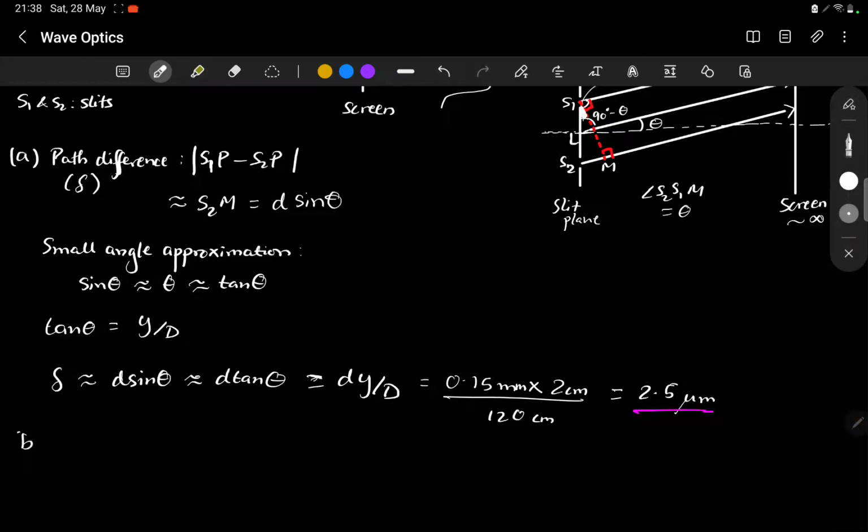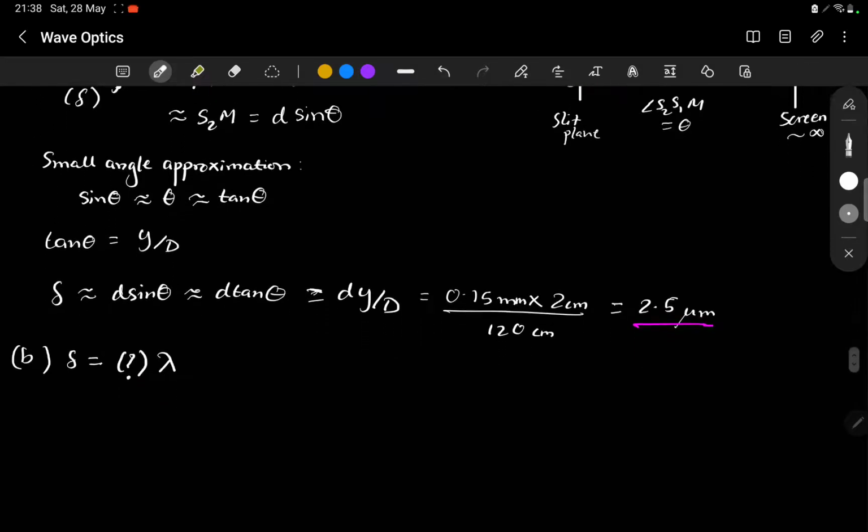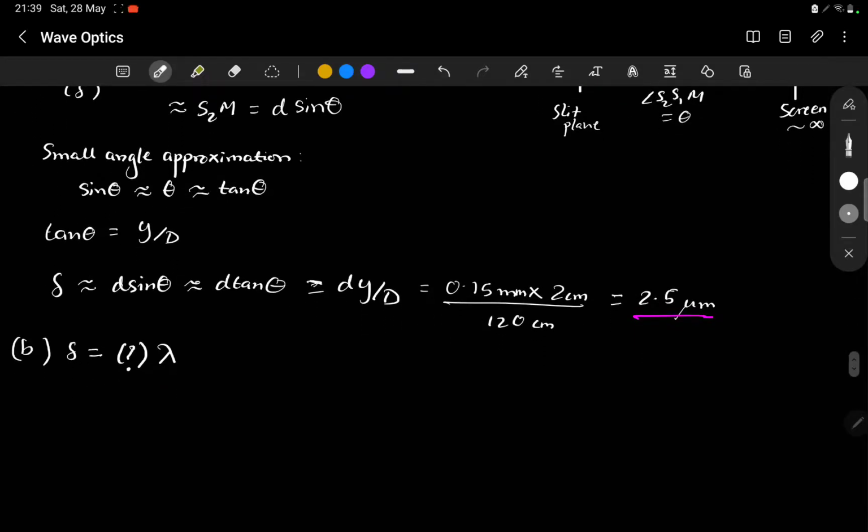The next part asks us to express this path difference in terms of the wavelength. So we need to find delta in terms of lambda. So we need to find out this factor. So this is basically the ratio of delta and lambda. So we can find delta over lambda.